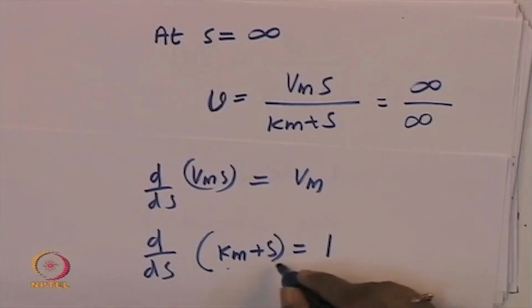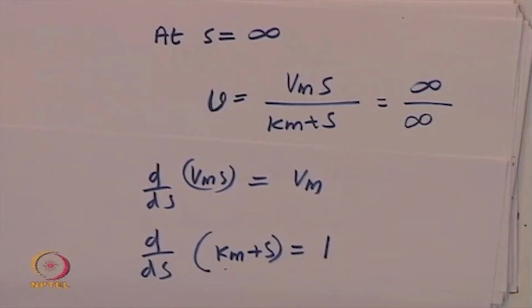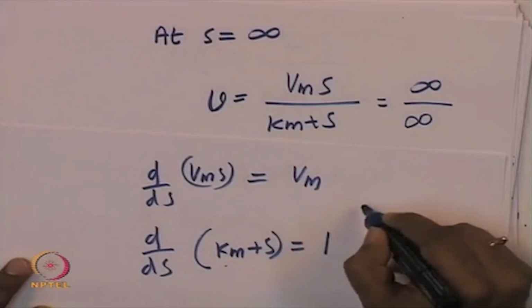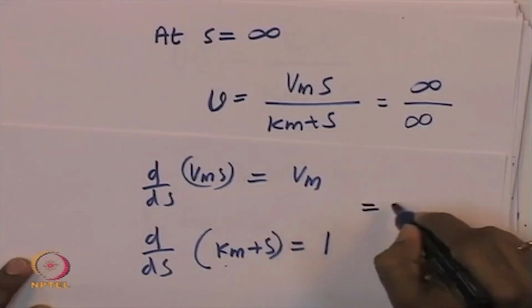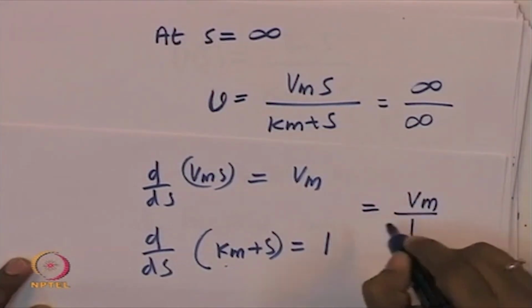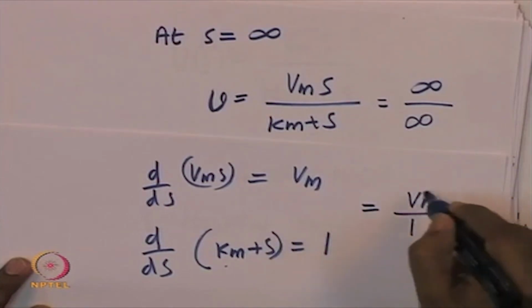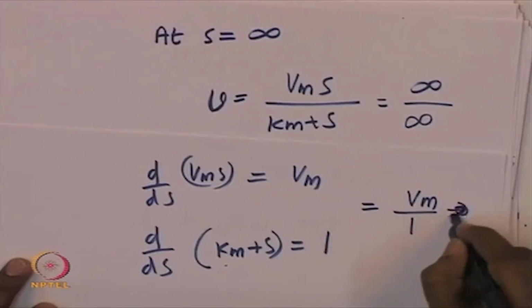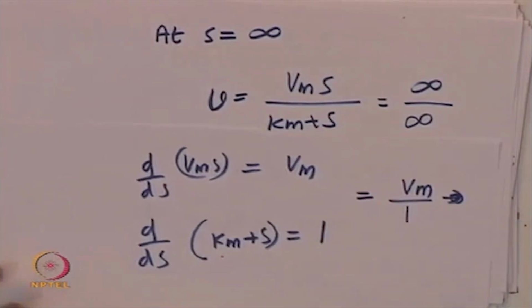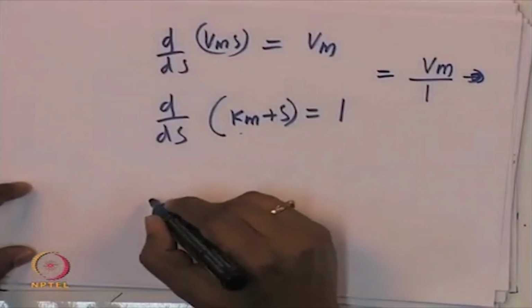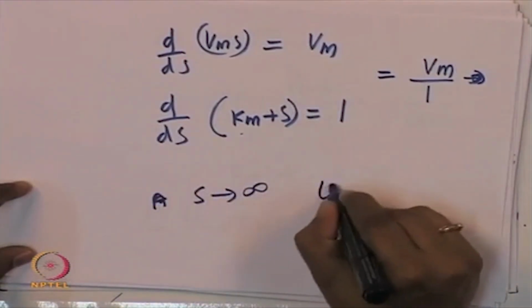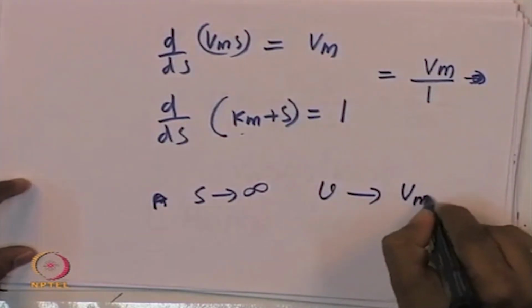So, the answer is Vm by 1, which is a constant, Vm. So, as s goes to infinity, V(s) goes to Vm, the maximum velocity.